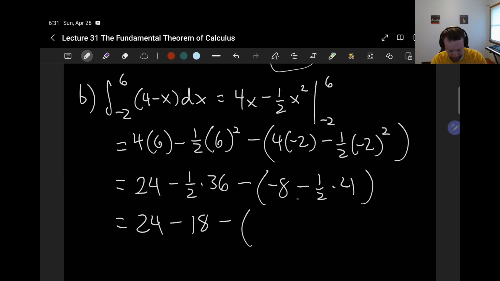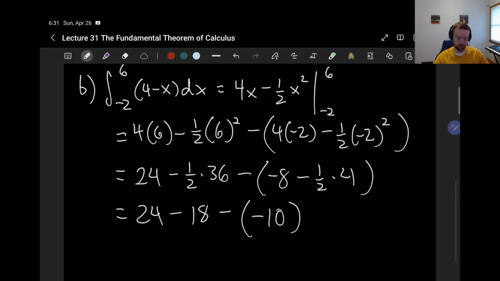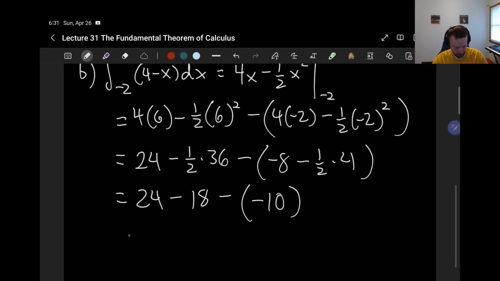Here we have -8 minus 2. So 24 minus 18 is 6. And then we have a minus negative, so plus 10.